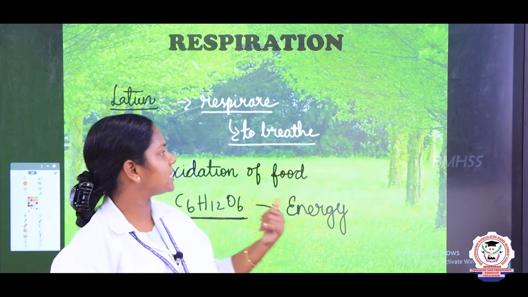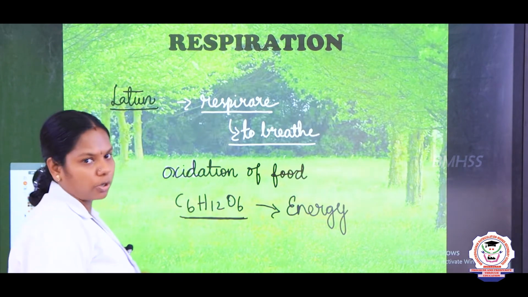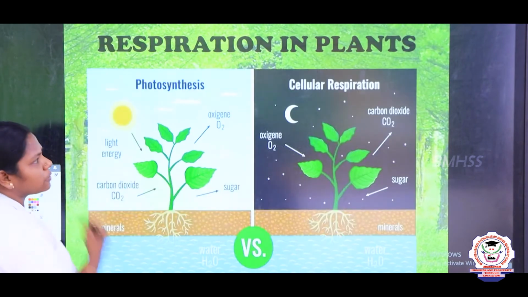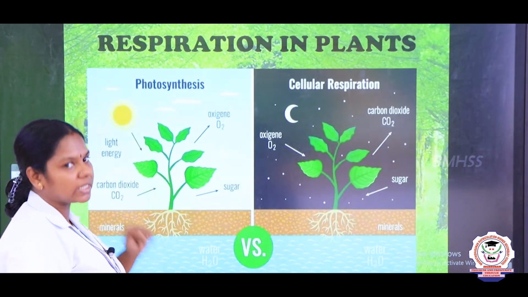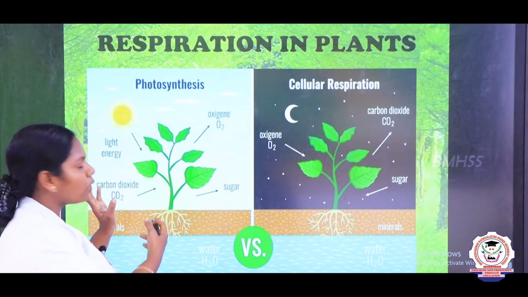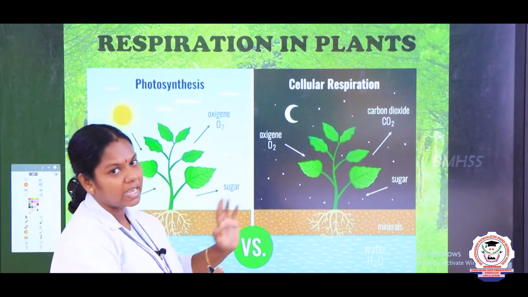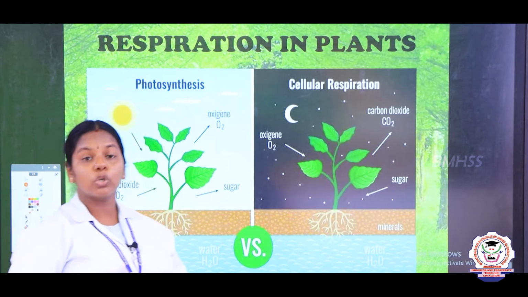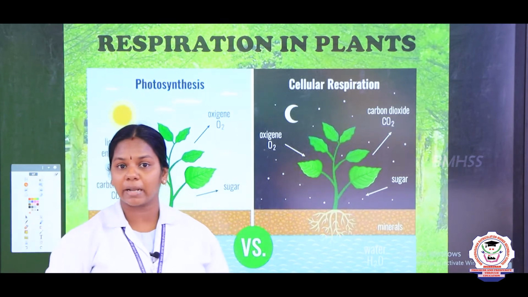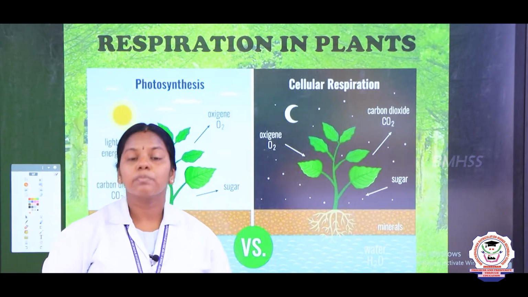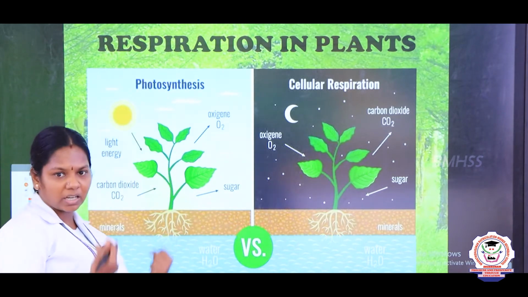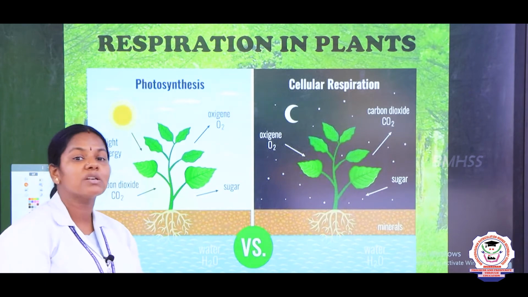So now let us go into the topic. Respiration takes place all the time, right? The plants respire both at the daytime as well as the night time. In the daytime you can hear many people say, don't sleep under the tree during night time. Why? Because in the daytime plants take in carbon dioxide and produce oxygen.